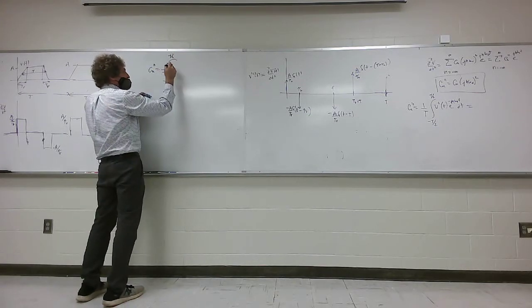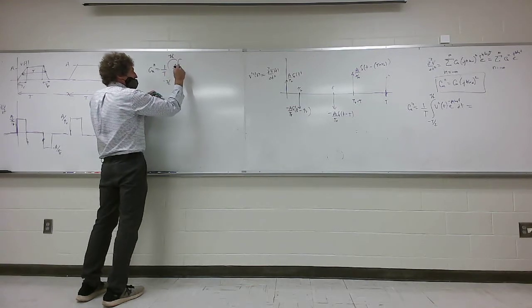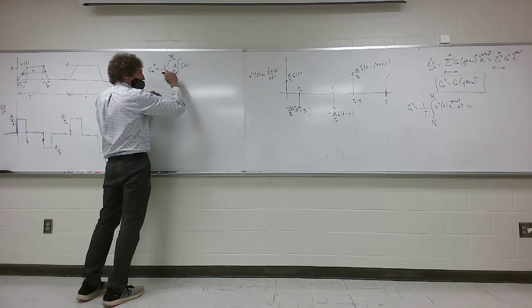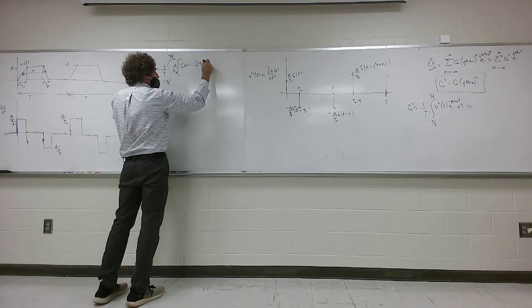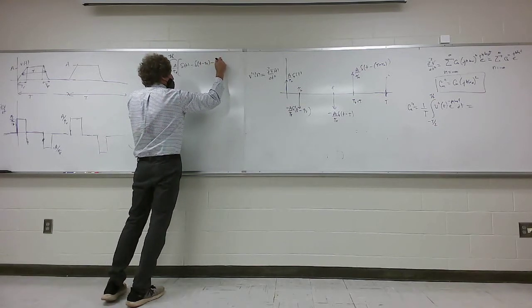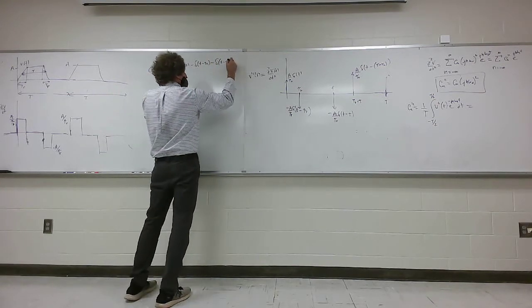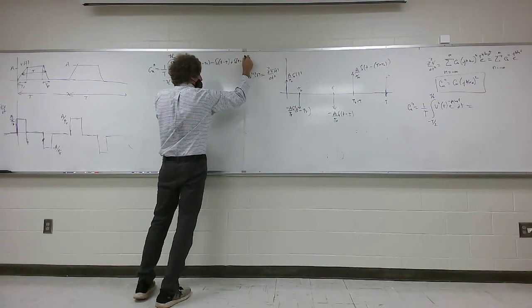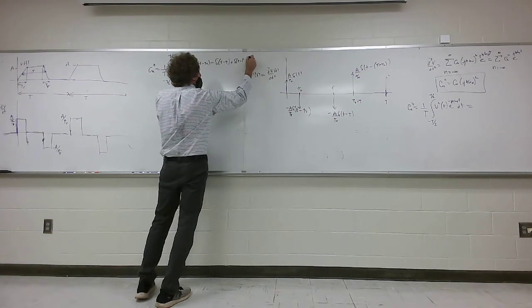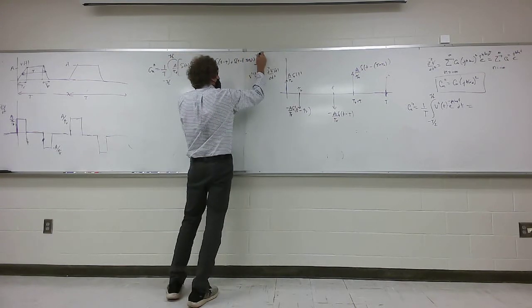Well, that double prime series has a constant of A over tau rise out in front. And then it has delta functions, delta of t there, and then minus delta of t minus tau rise there, and then minus delta of t minus tau there, and then plus delta of t minus the quantity tau plus tau rise here, times e to the minus jn omega naught t dt.